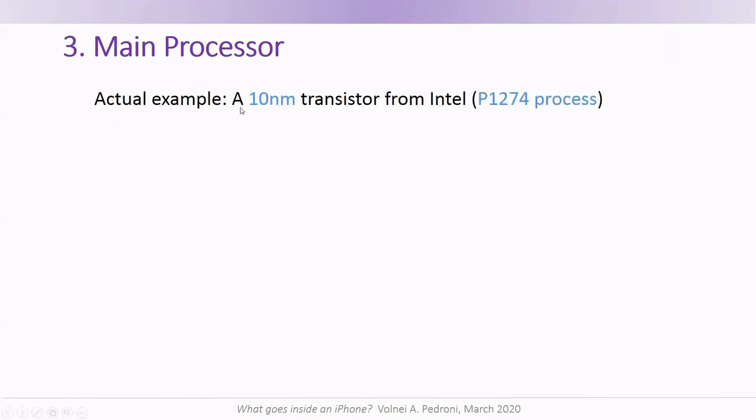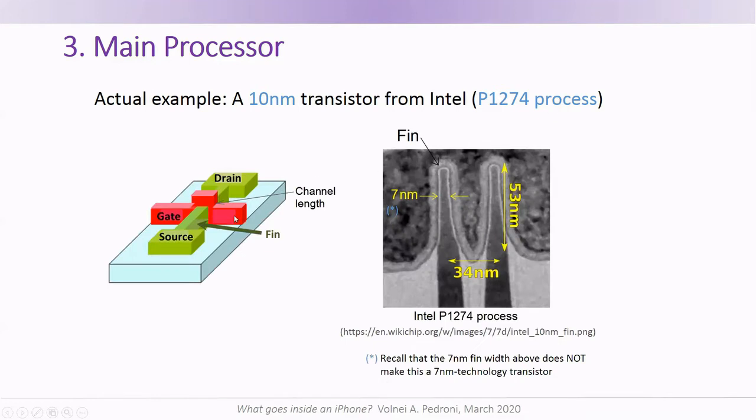An actual example, a 10 nanometer transistor from Intel using the P1274 process. Here is the sketch once again. This cross-section is taking over the gate, so the channel length does not show up in this picture. It's probably around 20 nanometers, so it is more than the technology node number.